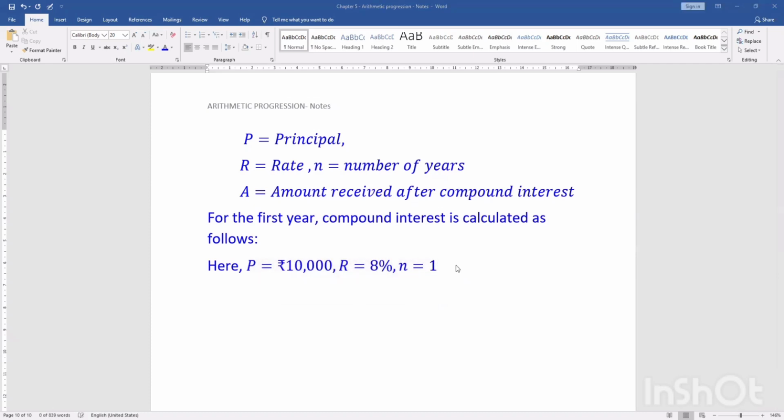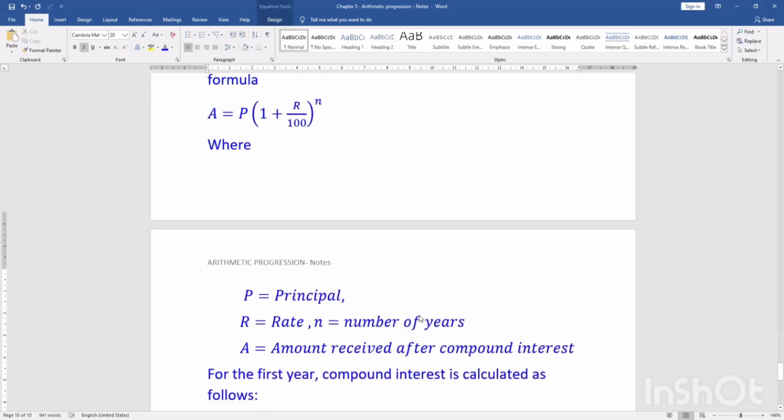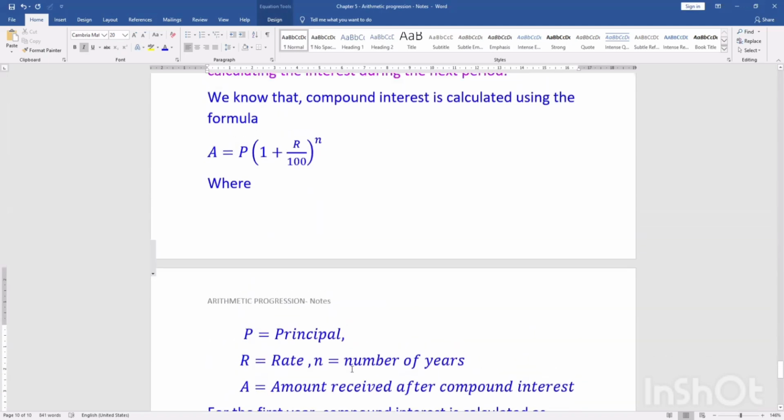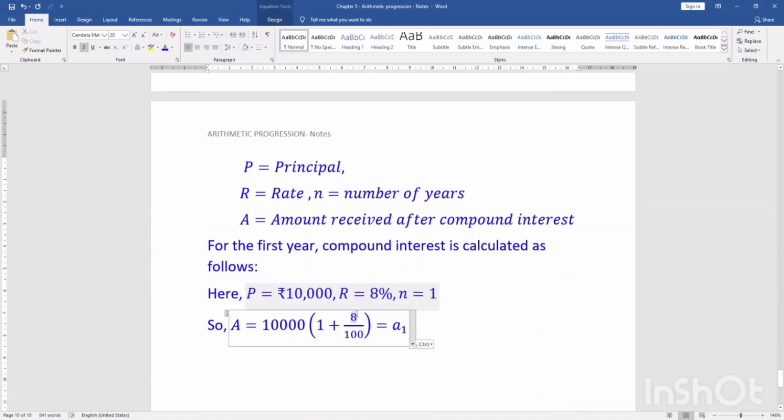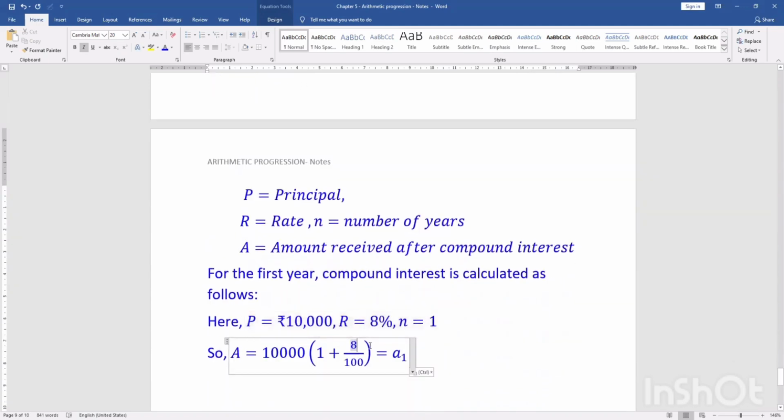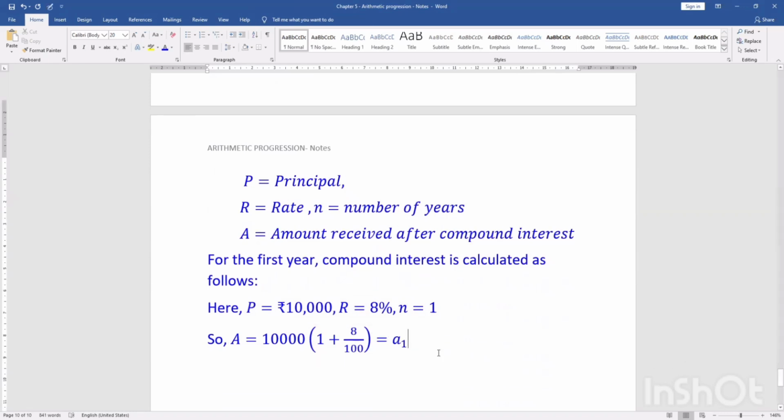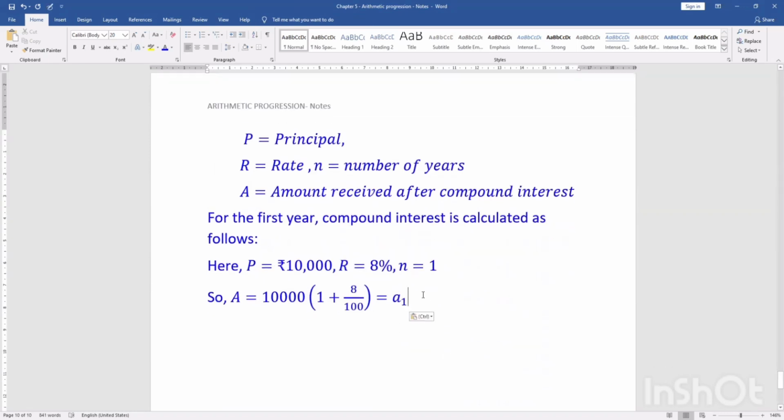So what will happen to the formula here? We have A equals 10,000 into 1 plus 8 by 100 whole power N, which is 1. So this will become the first term A1.